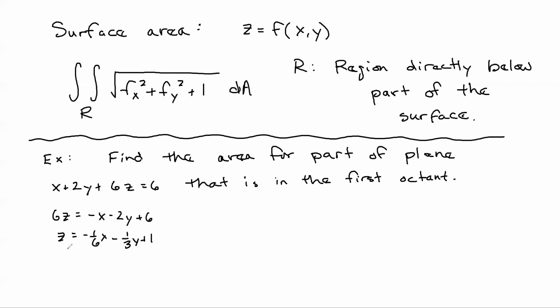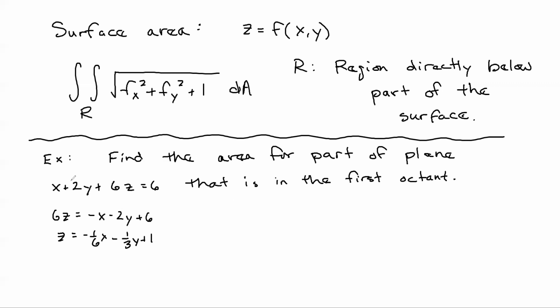It can be helpful to sketch it. That may not always be necessary depending upon the information they've given you. In this case, they've just told you it's the part of the plane in the first octant.